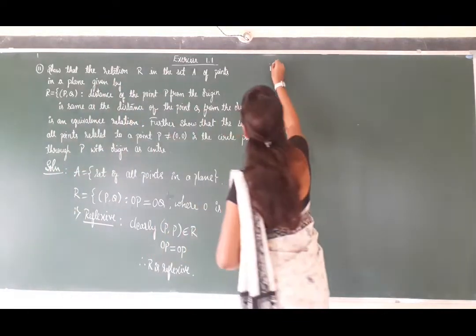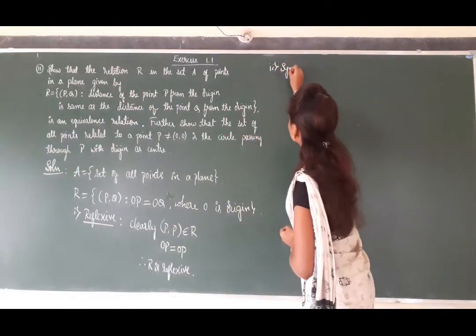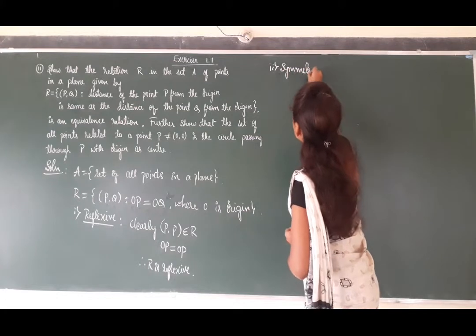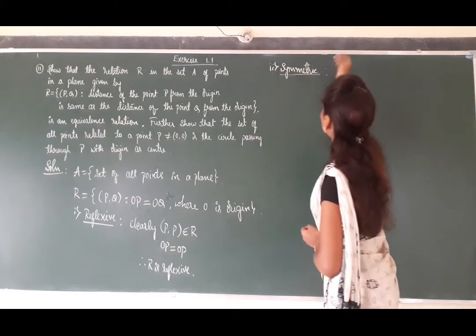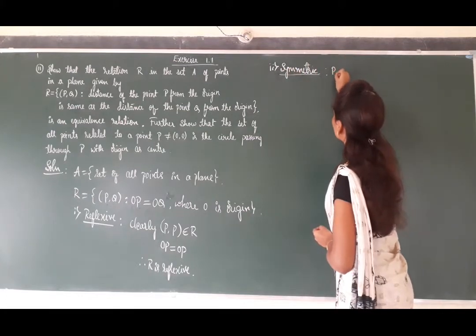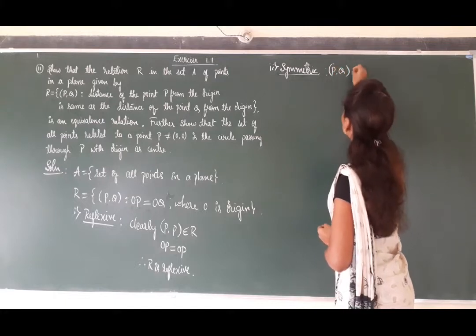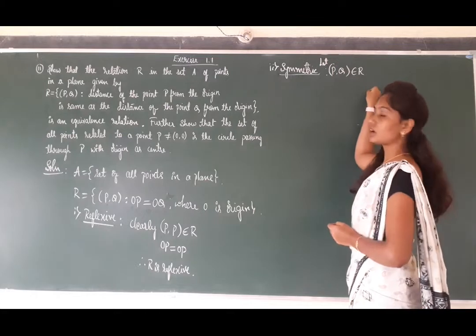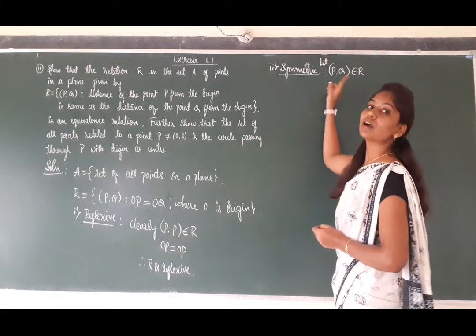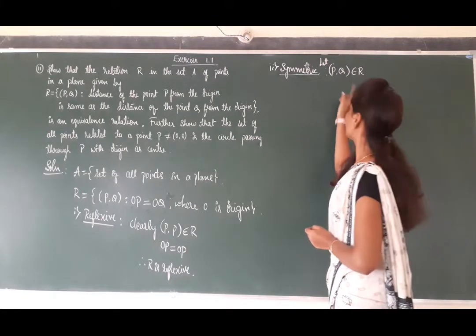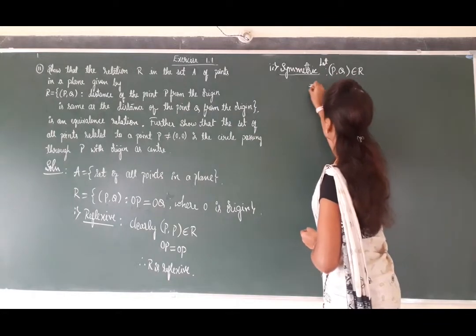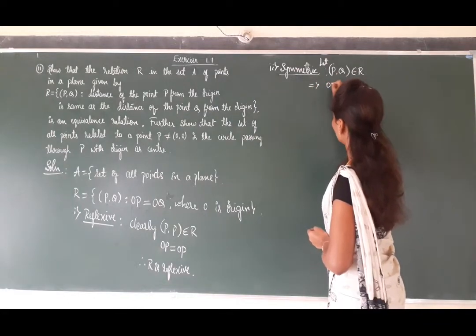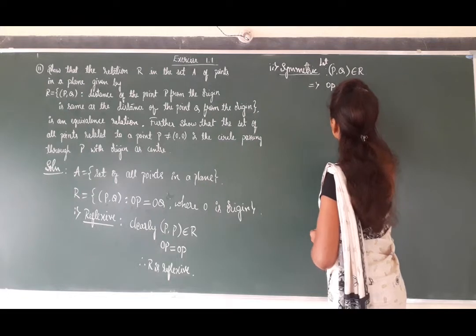And the second one, symmetric. For symmetric, I am taking two elements. Let (P, Q) belong to R. I am showing (Q, P) belongs to R. (P, Q) belongs to R means the relation is OP is equal to OQ.